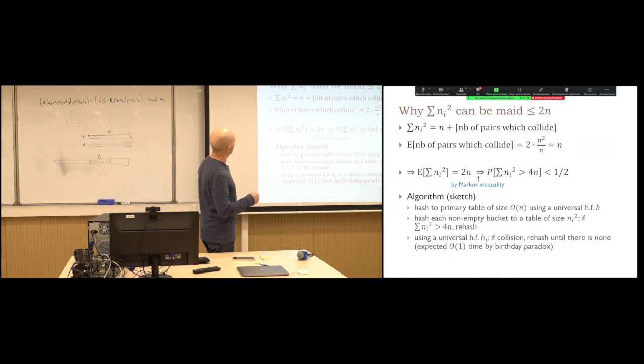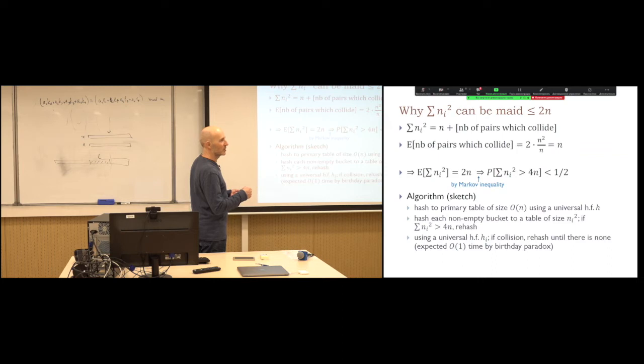If we think about it a little bit, this is actually the number of pairs which collide, because what is ni square? Ni square can be expressed as the number of pairs in this set.